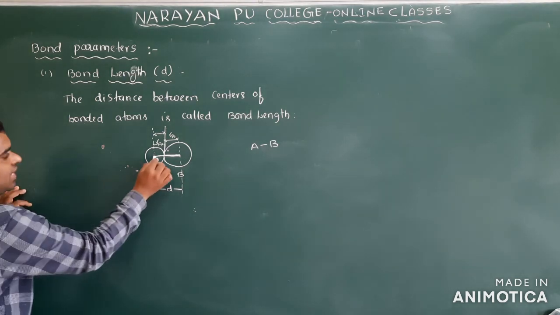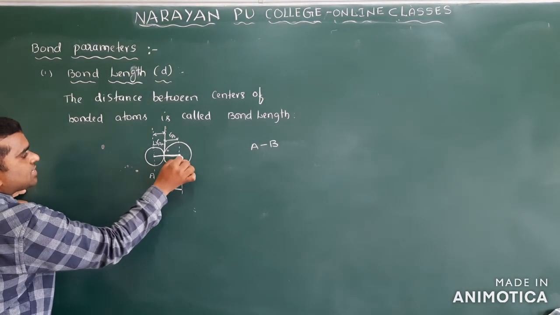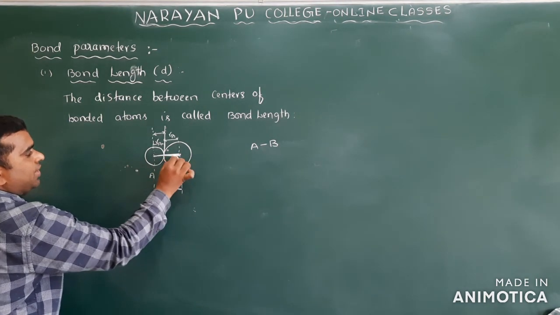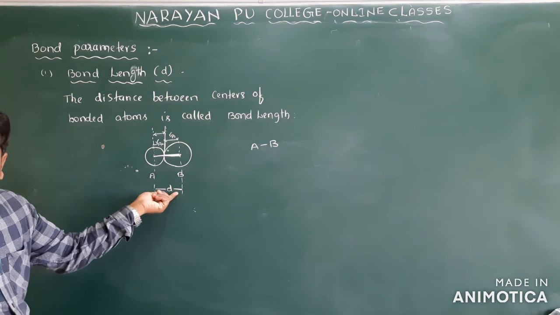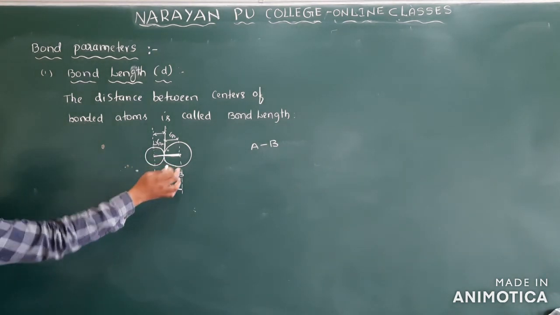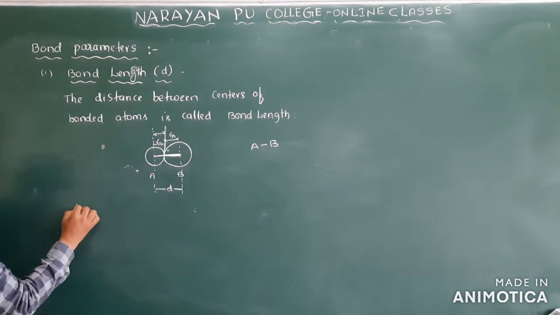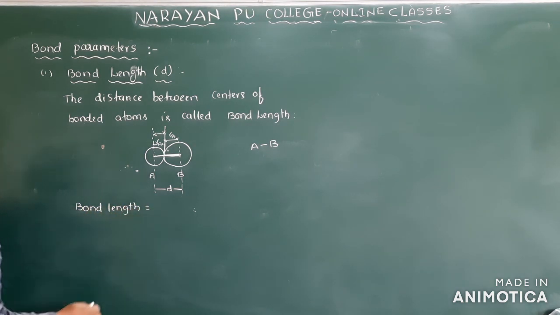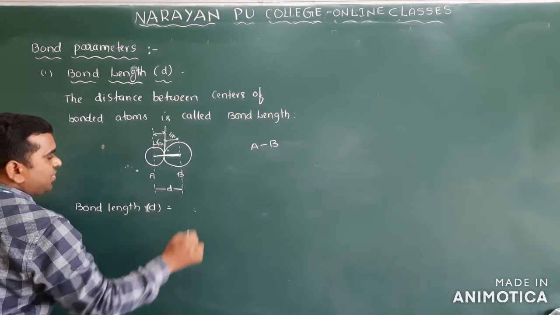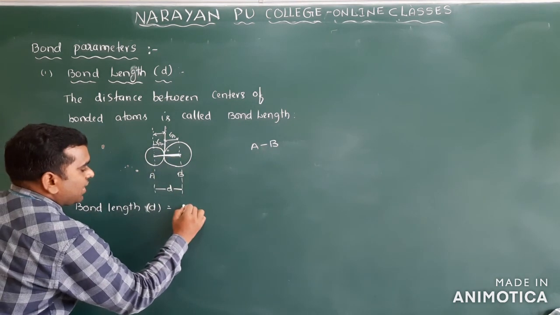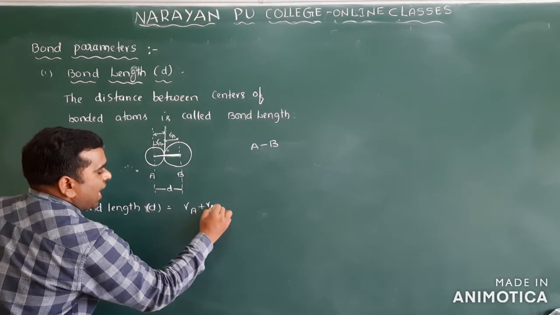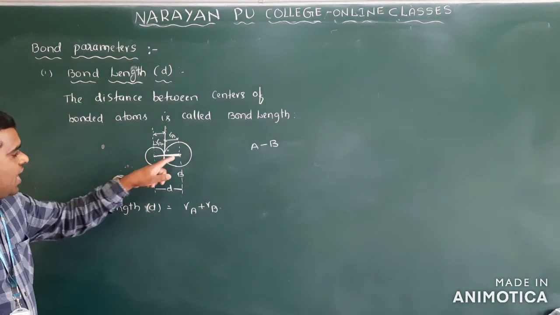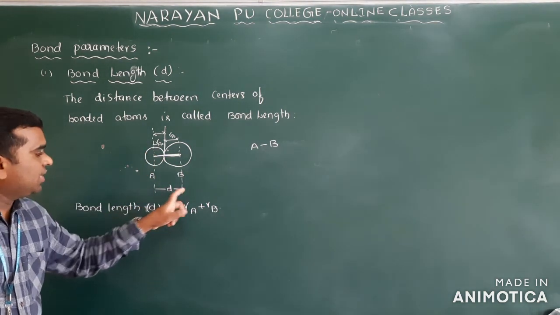So the distance between the centers of the two bonded atoms we call the bond length, denoted by D. So bond length D is equal to RA plus RB, the radii of A and B. This is the bond length.